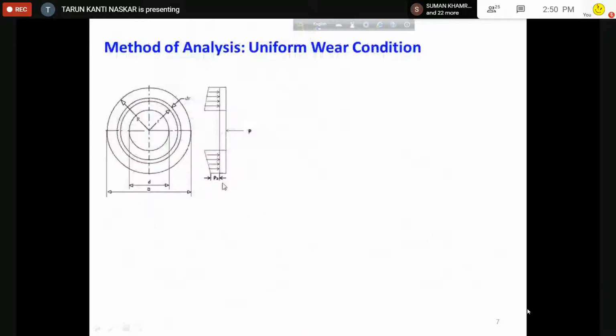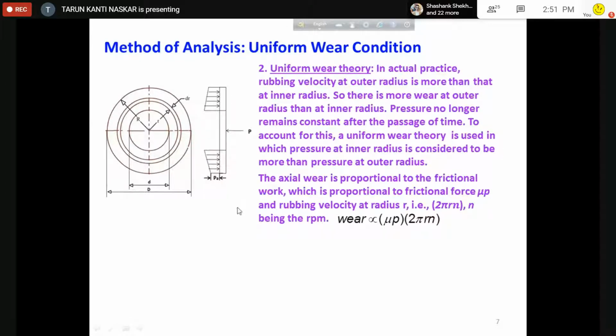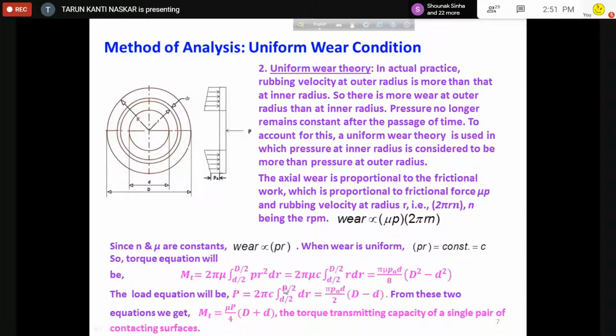So it will be equal to pi mu Pa by 8 into D squared minus d squared. Ultimately C is replaced by pr, and then this p is equal to Pa. So the equation will take this form.